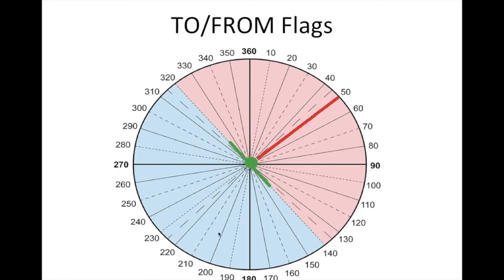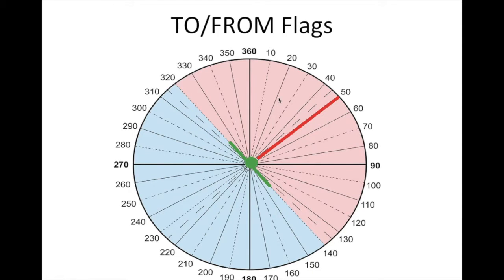If I select the 200, plus or minus 90, that's 290 right here and 110. If I'm anywhere on this side, it's a from, but if I'm on the other side, it's a to. That's why when I am here on the 020 radial and the needle is centered at 200, I'm getting a to indication, because I'm on the opposite side.